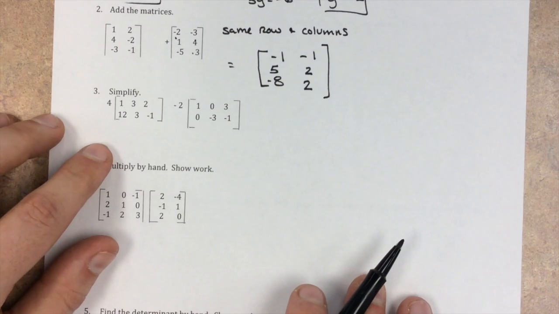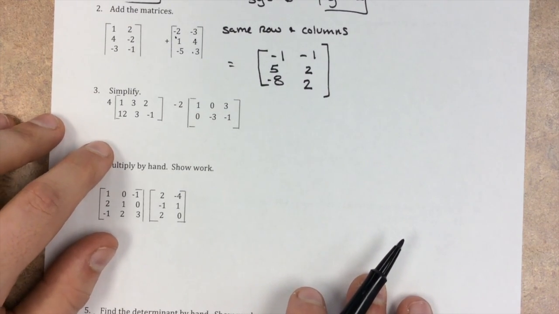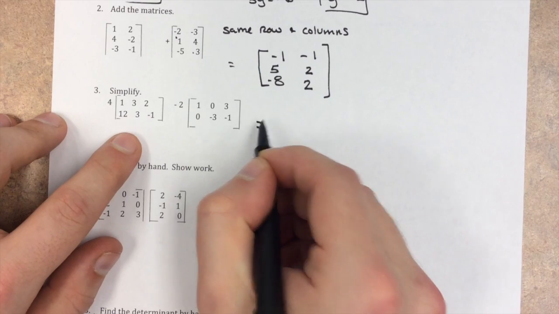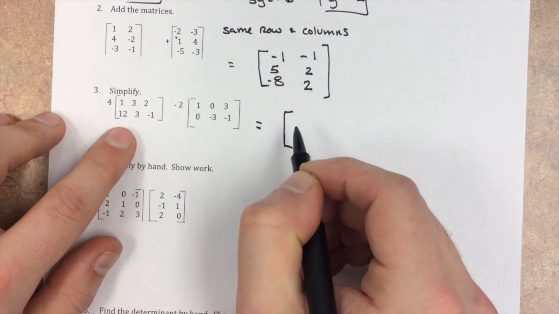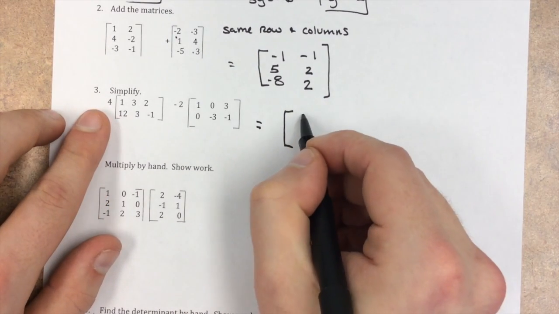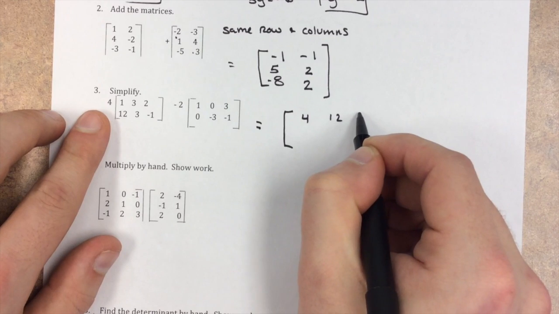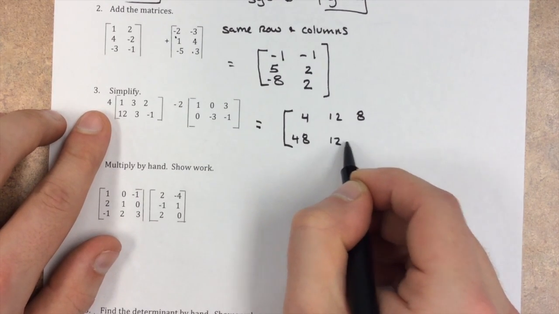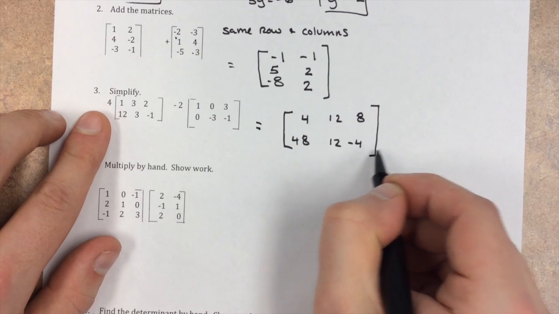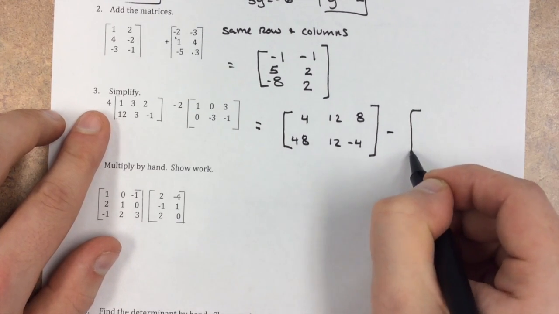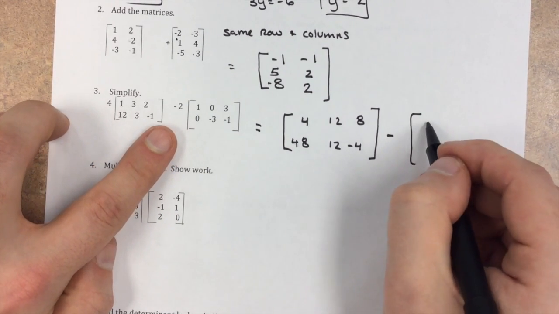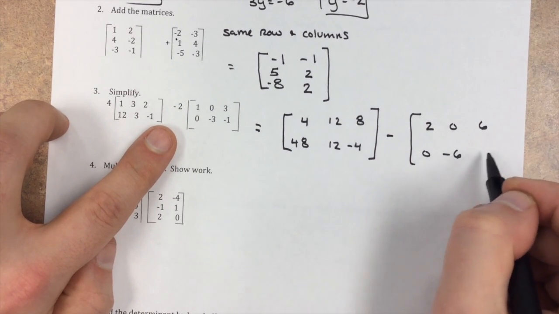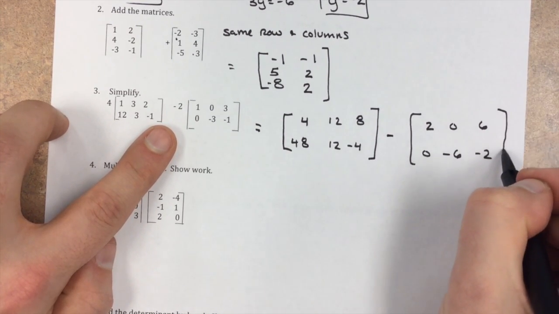Next one. Simplify. So we need to distribute the numbers, and then we're going to subtract them. If I distribute that 4 to each one of these, I get 4, 12, 8, 48, 12, and negative 4. And then we're going to be subtracting, distribute that 2 to each: 2, 0, 6, 0, negative 6, negative 2.